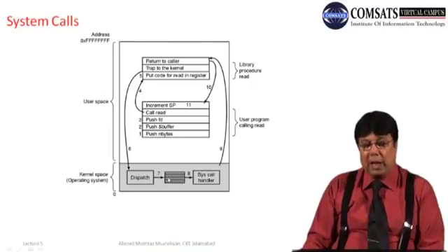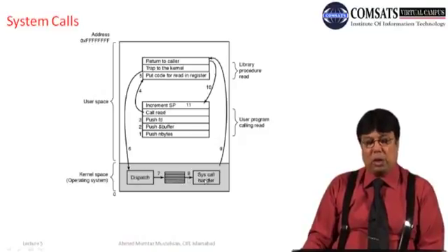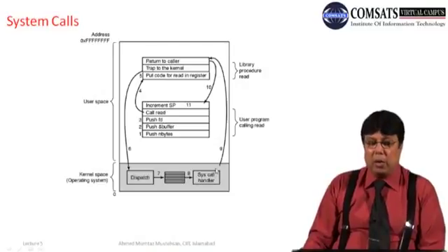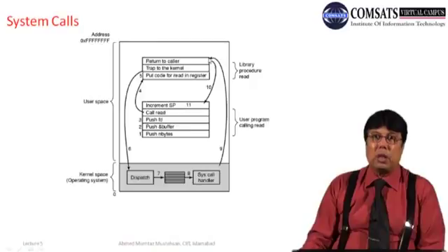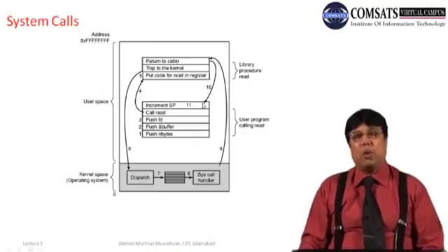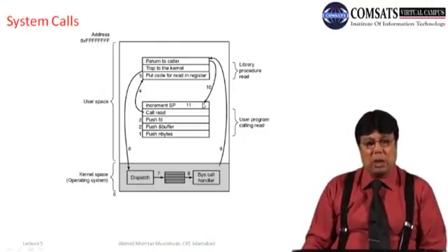So you will select the kth slot, and that kth slot contains the pointer to the service procedure. After the execution of this system call, the control is transferred back to this library procedure, and from this library procedure the control goes back to the user program, to the point where it had made the service request.